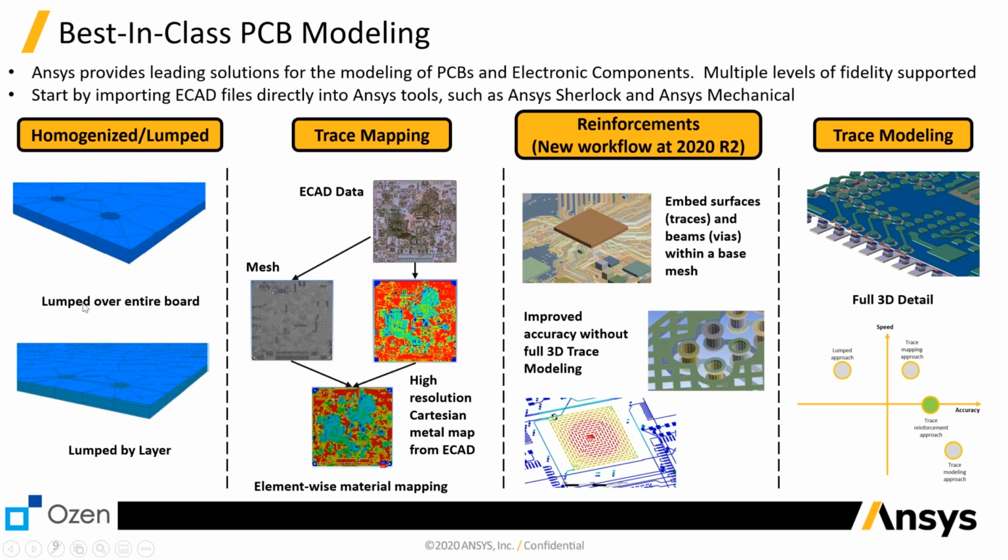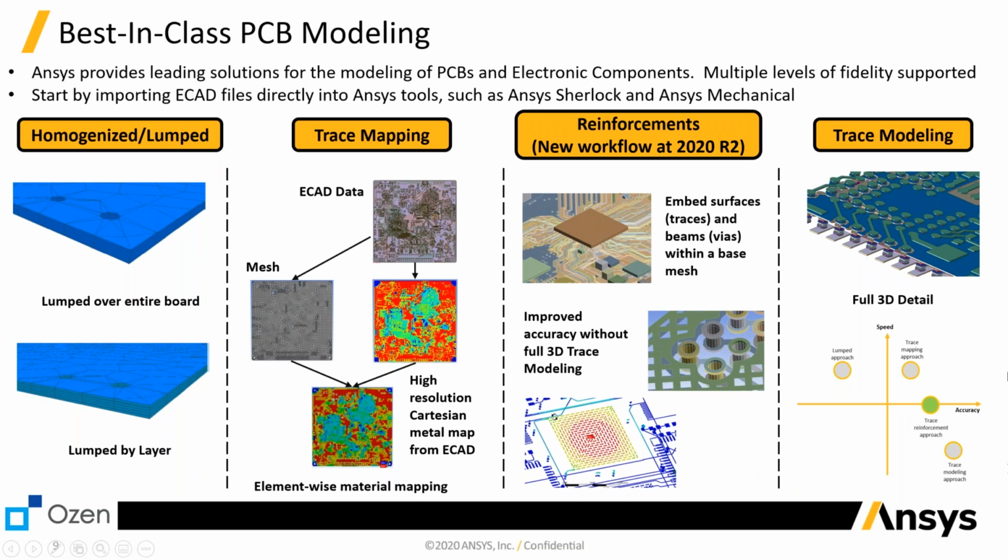What that means is, years ago, and even today, if we need to do a very quick simulation, we take the model and then we lump the material properties. We can lump it in one material, in one element thickness, or we can even specify multiple layers by lumping these material properties.